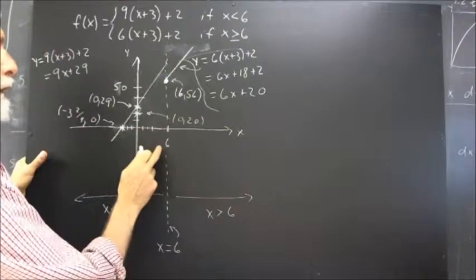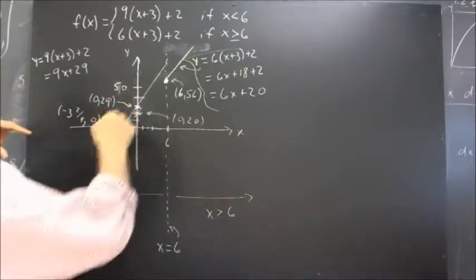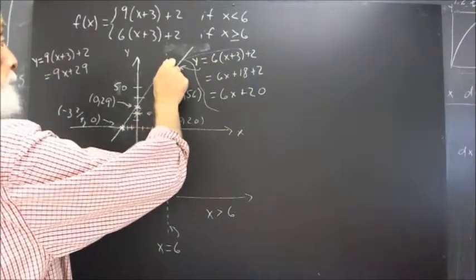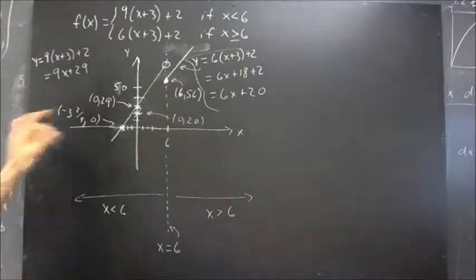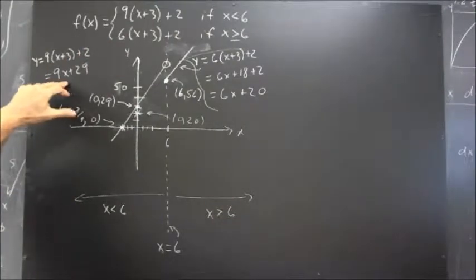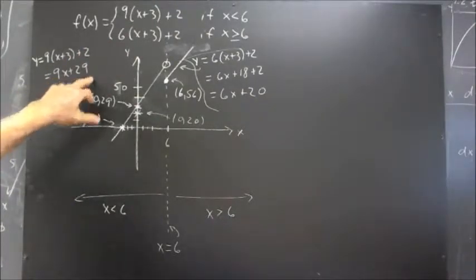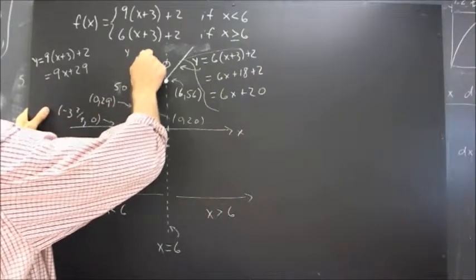This point where x equals 6 doesn't lie on the graph of the line on this side, so we put a big blank circle there. Now 9 times 6 is 54, you add 29, you get 83. So this point here should be the point 6, 83.